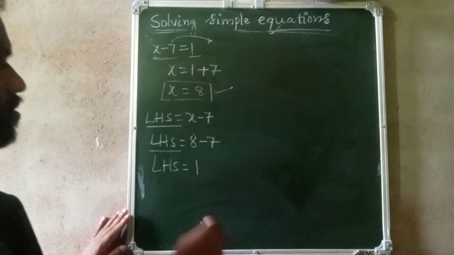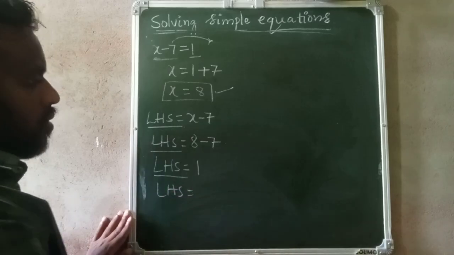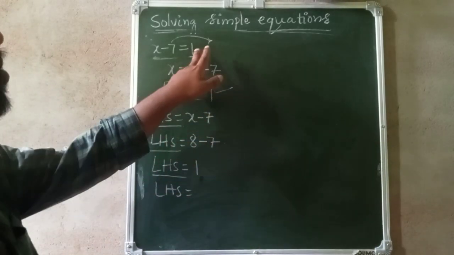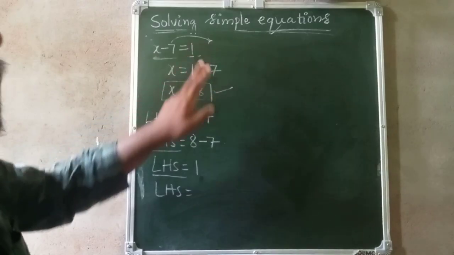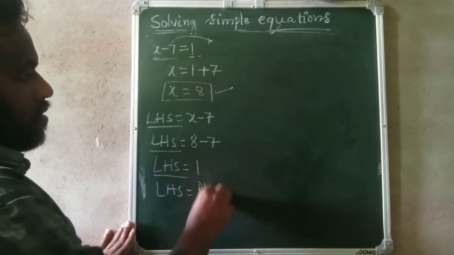Next step, write LHS is equal to 1. What is that? That is RHS. RHS means the right hand side term. So 1 is RHS.